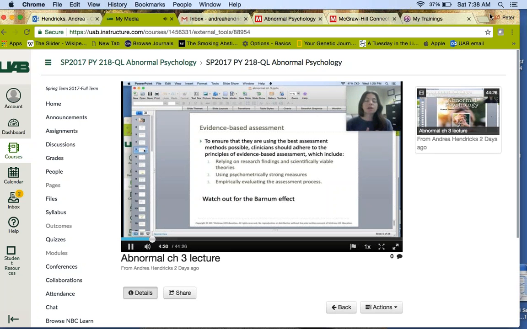There's something called the Barnum Effect. It's named after the circus, Barnum and Bailey. Here's the thing: you go out and get a horoscope and read it and think, oh my gosh, that's so me, or how did they know?